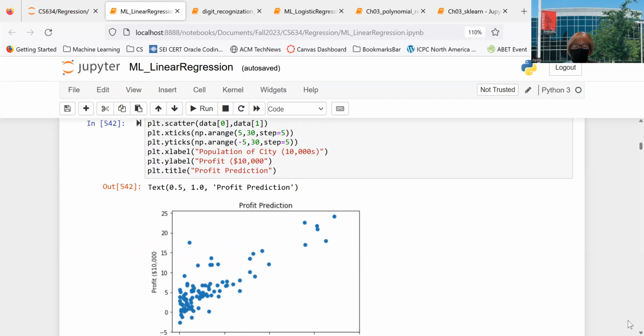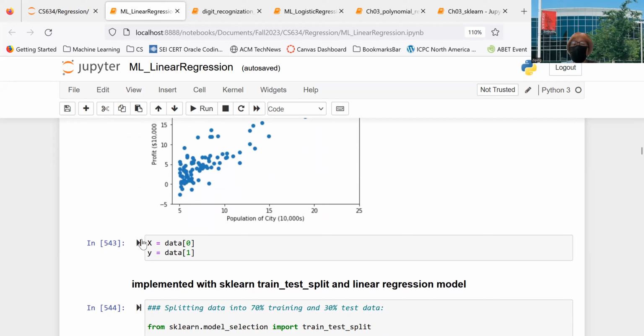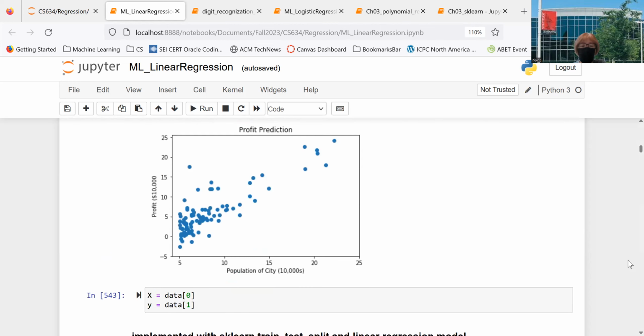The feature is population, and the second column is the profit, which is the value.